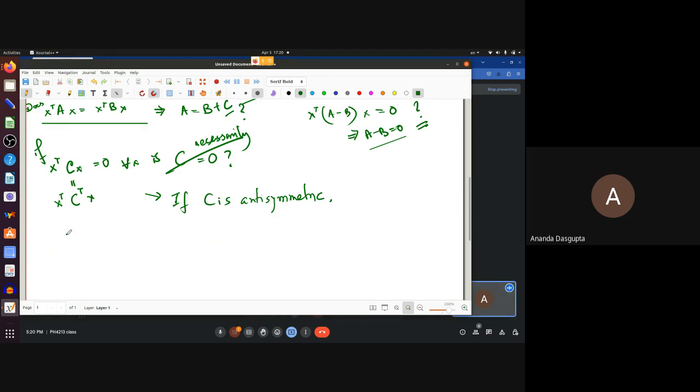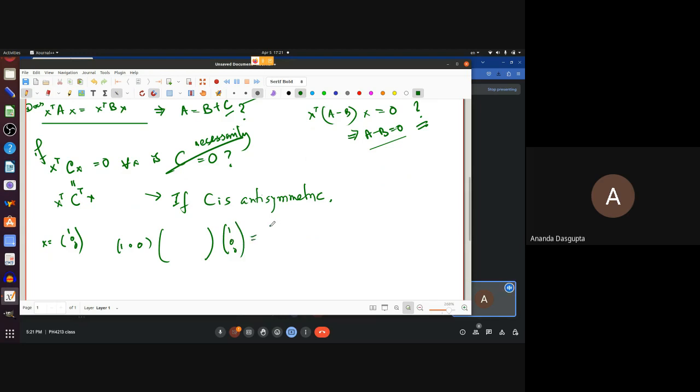Well, the simplest way to prove that would be to take specific x's. This is true for all x, right? So take x equal to 1, 0, 0. Then whatever this C matrix is, you get a number: C11, C12, C13, and so on. Can anybody tell me what this number is?